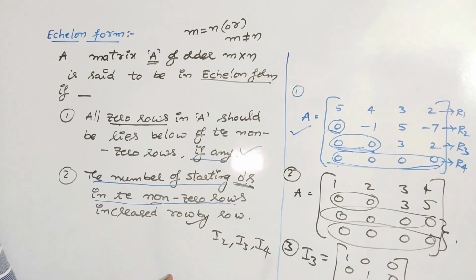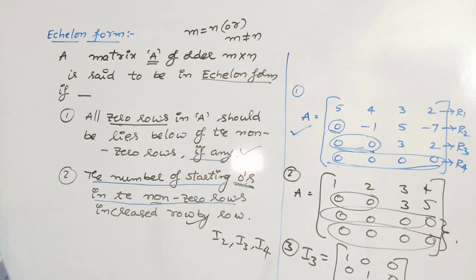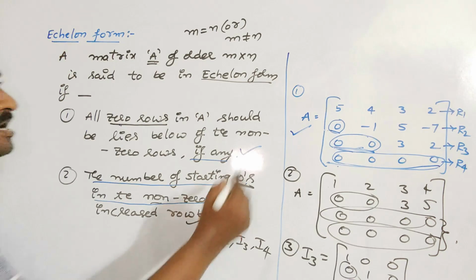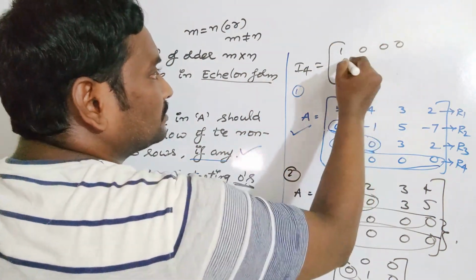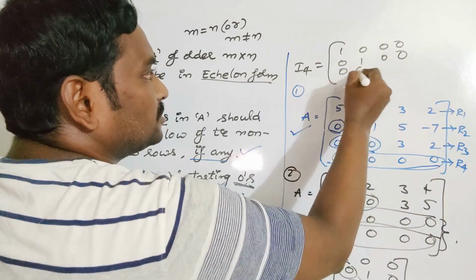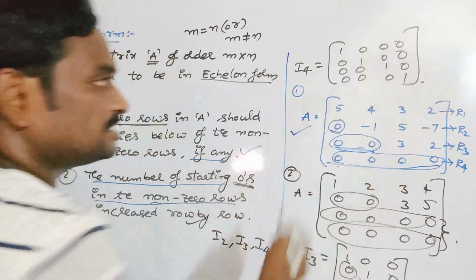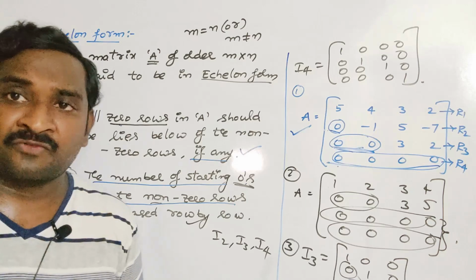If there are any zero rows, they should be below the non-zero rows. And starting zeros increase row by row, no doubt at all. You can take I4: 1 0 0 0, 0 1 0 0, 0 0 1 0, and so on, the identity matrix of order 4. This is also one standard example for echelon form. Every identity matrix is in echelon form.